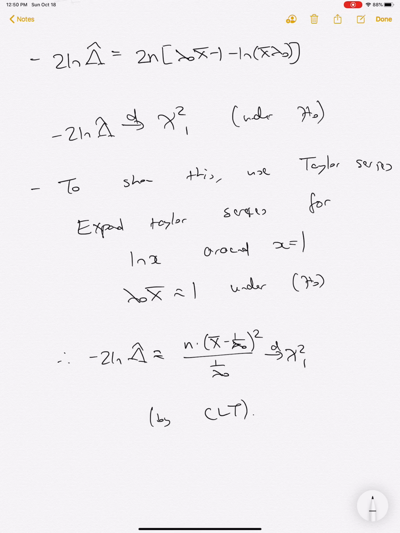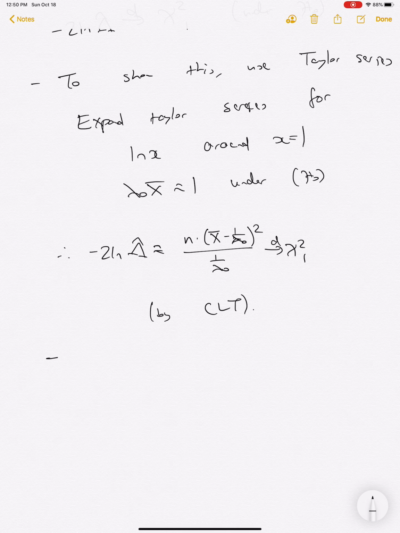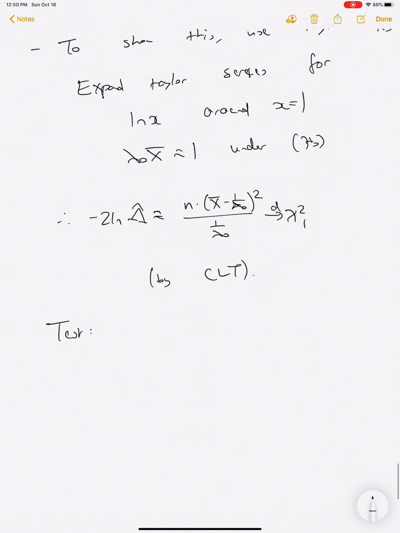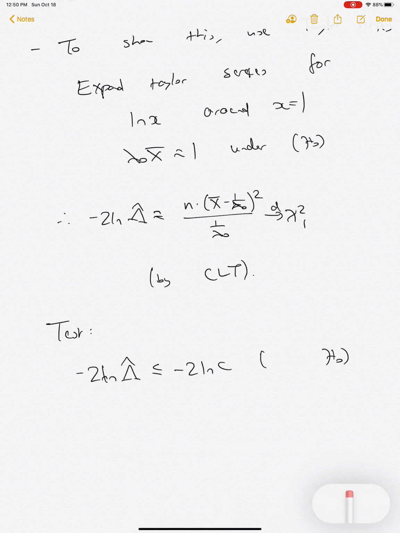So again, I'm not going through that Taylor expansion explicitly. It's something you can check if you do the Taylor expansion of ln of lambda 0 x bar. You can check that that's exactly what you get. And so once again, you can see that the test would say that if negative 2 ln of gamma hat is less than or equal to negative 2 ln of c, then we accept H0.